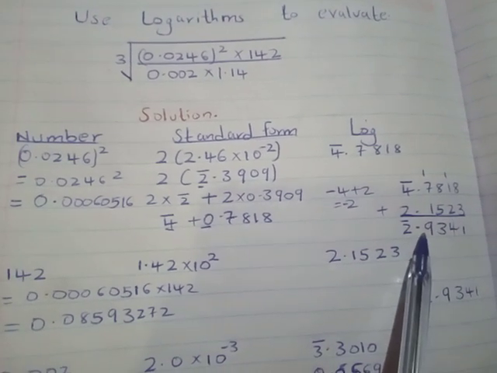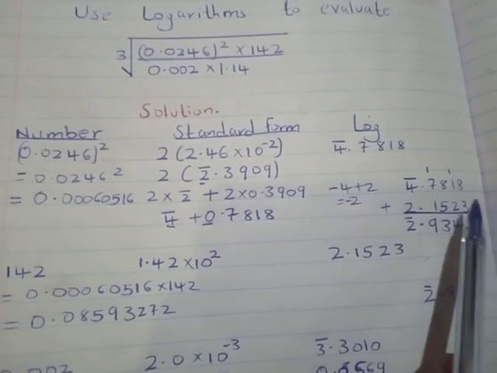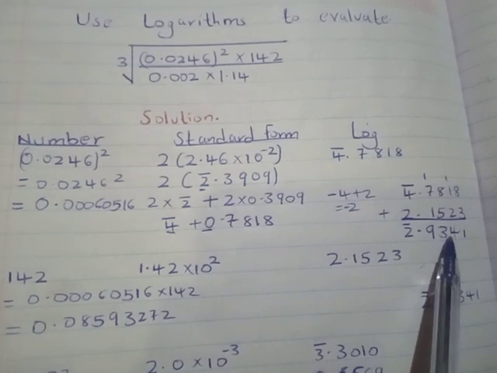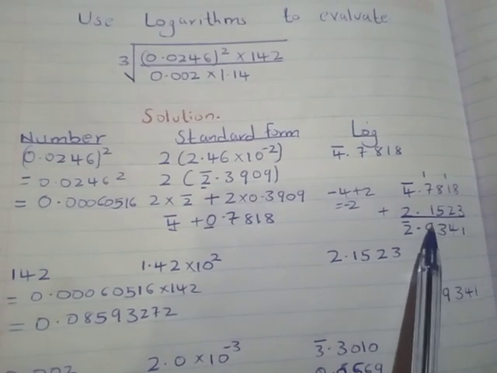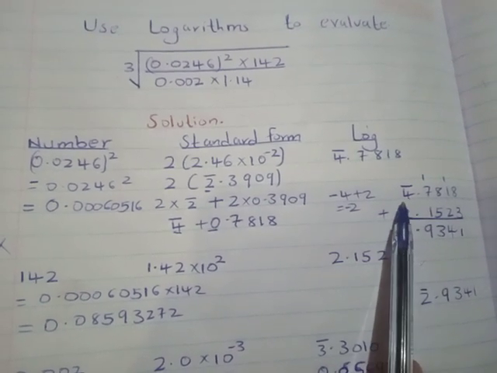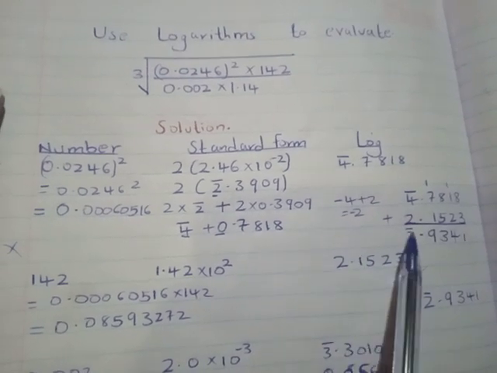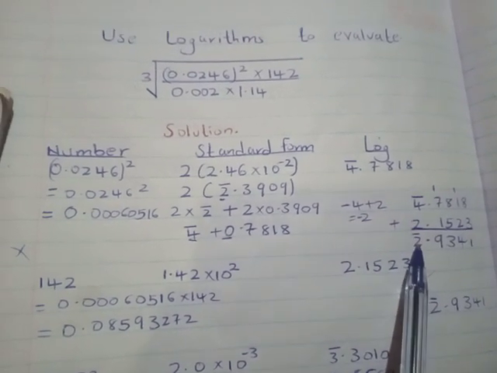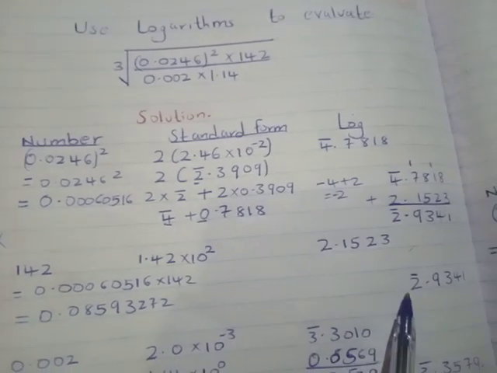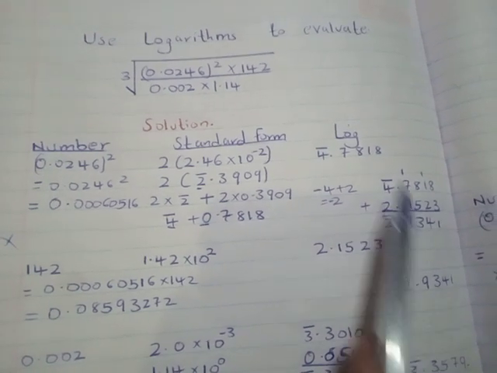That is going to give us about 2.9341, because when we add 8 plus 3 is 11, carry 1, 1 plus 1 2, 2 plus 2 4, 8 plus 5 13, carry 1, 1 plus 7 8, 8 plus 1 9. Then remember bar 4 is same as negative 4. Negative 4 plus 2, that is negative 2. So it's going to be bar 2. So our answer will be bar 2.9341.